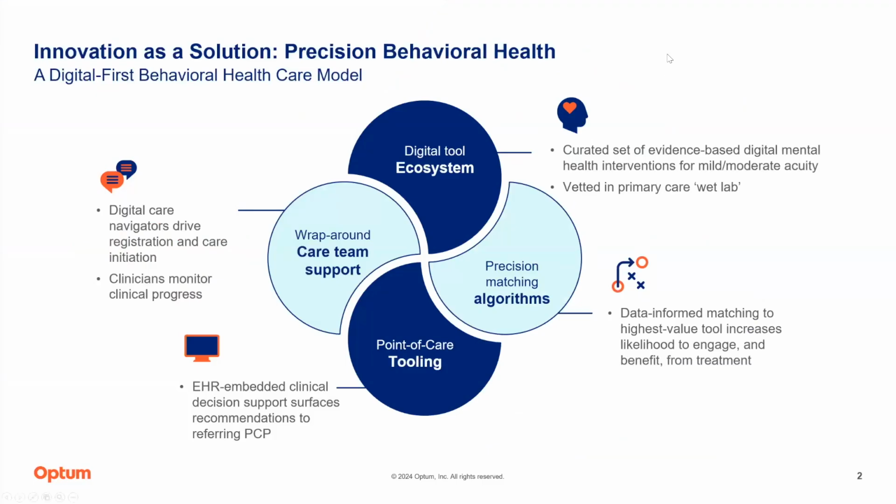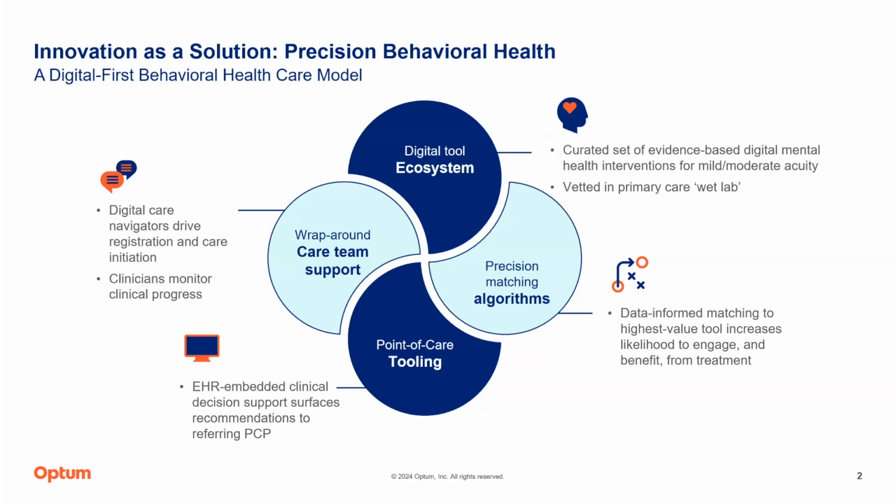A quick overview of the whole precision behavioral health initiative. So Keke and Brittany were speaking about some aspects. So identification of appropriate patients through the eligibility flag, right? Then we screen with a multidimensional computer adaptive questionnaire, which actually gives us matching criteria that are clinically derived for the different tools that we have in our curated ecosystem.